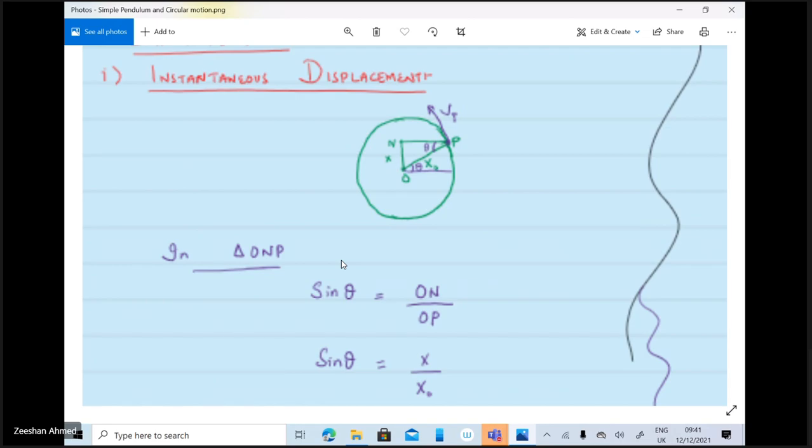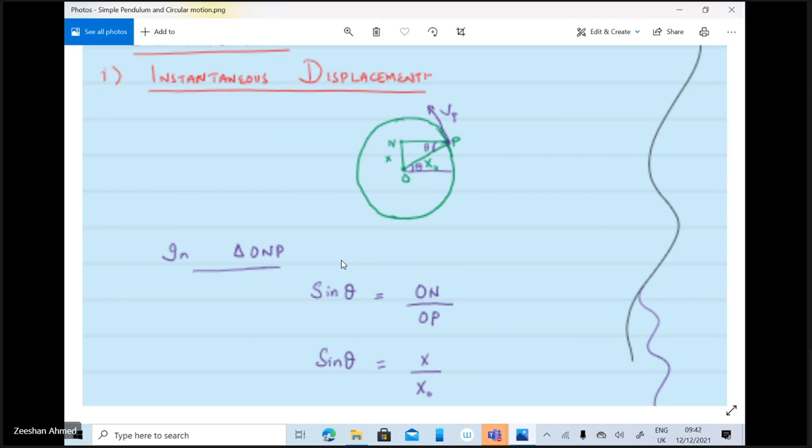And in grade 9 you also studied the triangle theorems, in which alternate angles are equal. So this angle and this angle will be equal to each other. Since I didn't give any name to this side, I am taking this triangle O and P. Therefore, angle P and this angle will be considered equal.